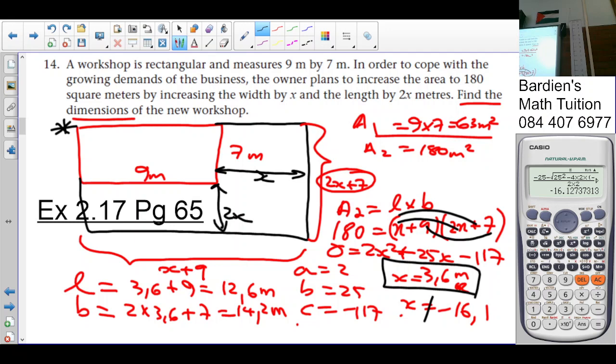In order to cope with the growing demand of the business, the owner plans to increase the area to 180 by increasing the width by x. This is the width, and that is x, and this is 2x. A mistake on the diagram. We drew the diagram wrong and I made a mistake in the side.